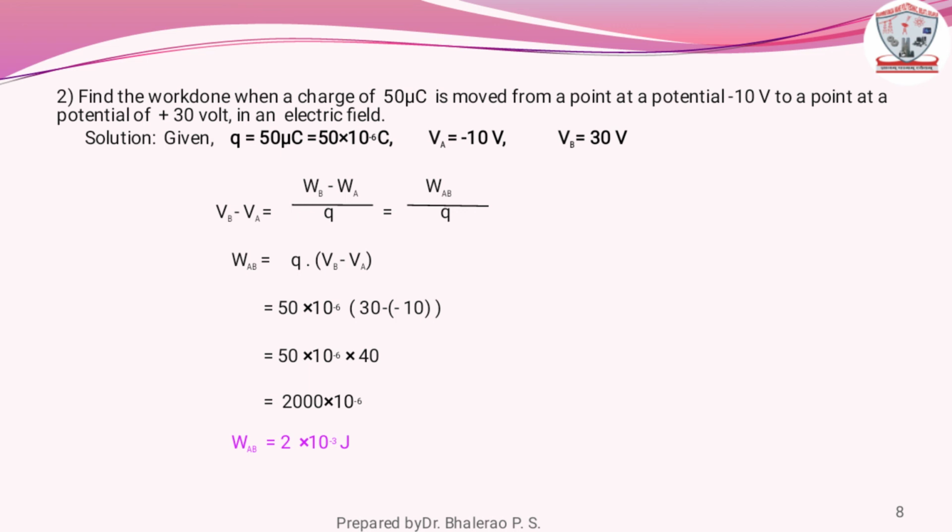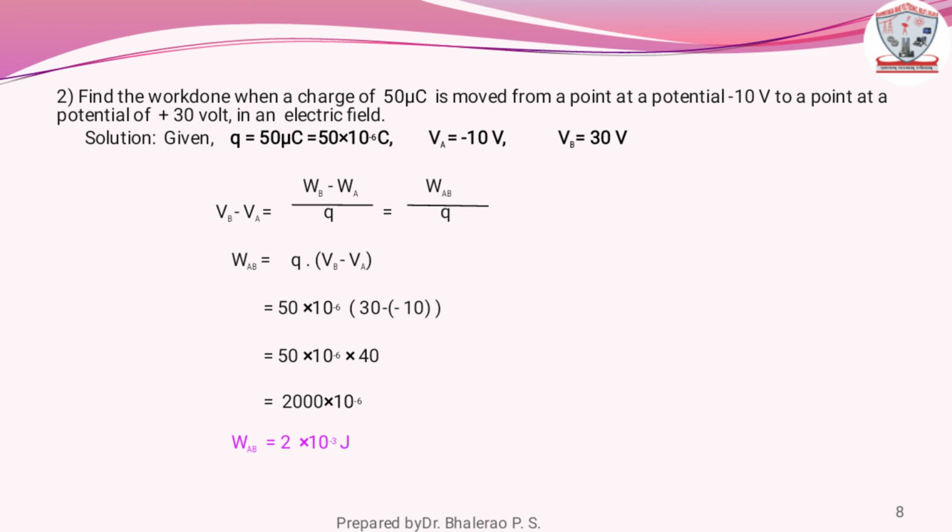VA, potential at point A, is equal to minus 10 volt, and potential at point B, VB, is equal to 30 volt. Then the formula: VB minus VA is equal to WB minus WA upon Q. In this formula, WB and WA are the work done.